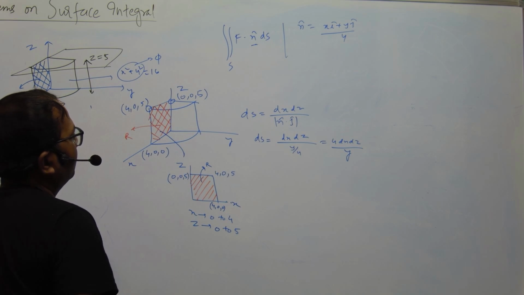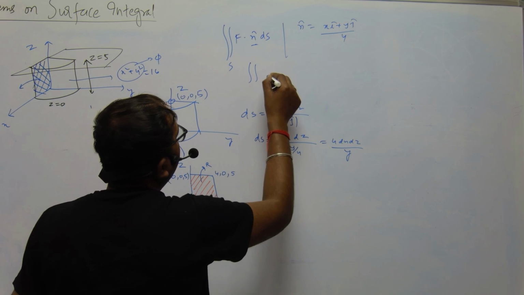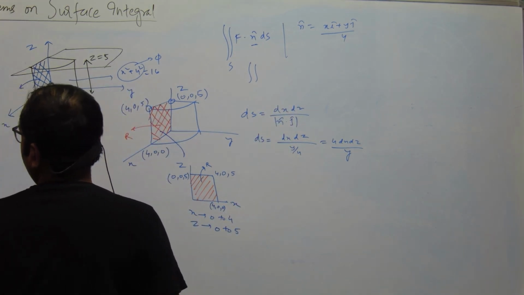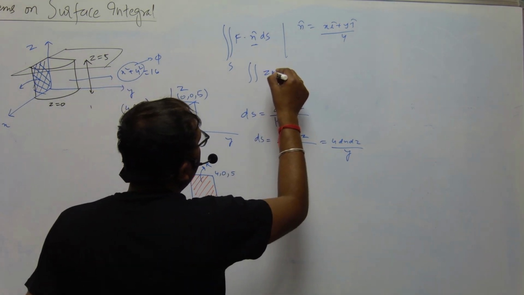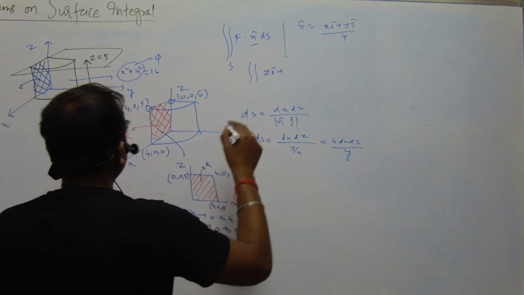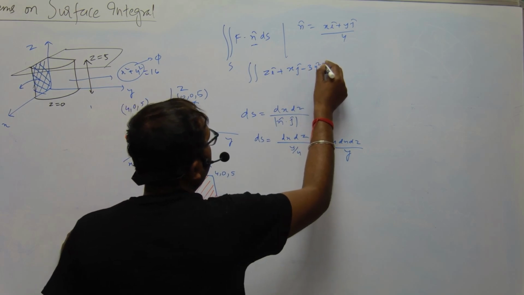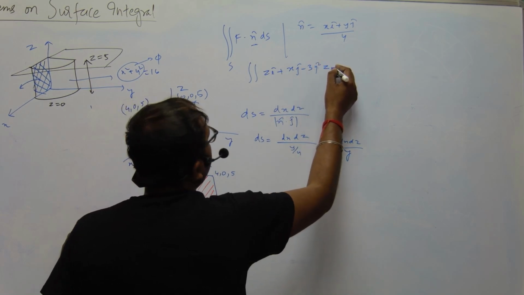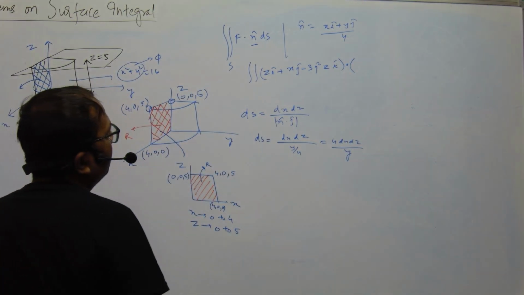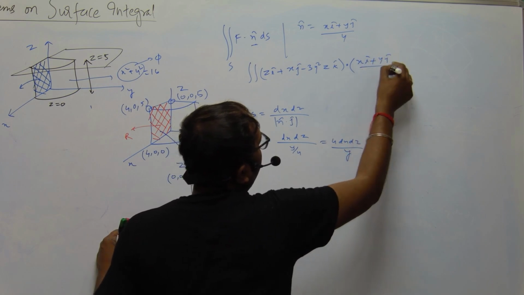Now let us find the value of the integral. We have the double integral of F dot n cap dS. We have the value of F as z i cap plus x j cap plus 3y square z k cap, dotted with n cap, which is x i cap plus y j cap upon 4.